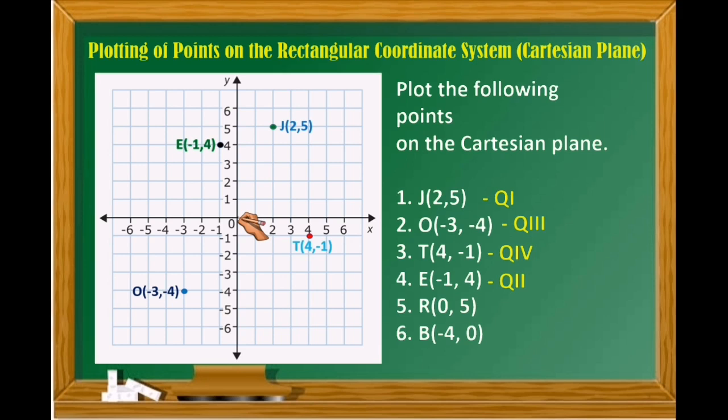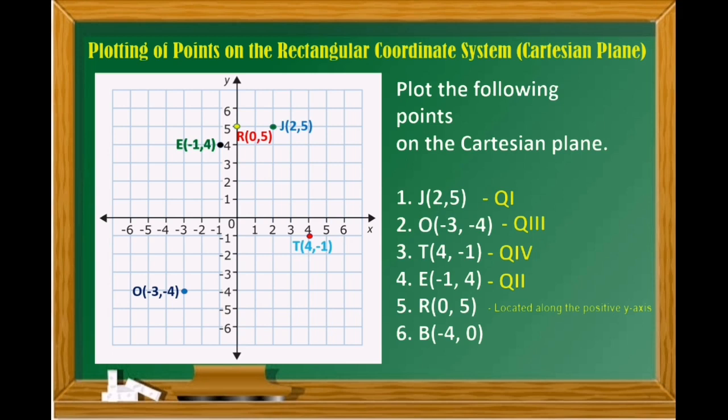So we'll just move 5 units upward since y is +5. There, that's the location of point R. Now, notice that R is not located in any of the 4 quadrants, but it lies on the positive side of the y-axis. So we can say that R is located along the positive y-axis.